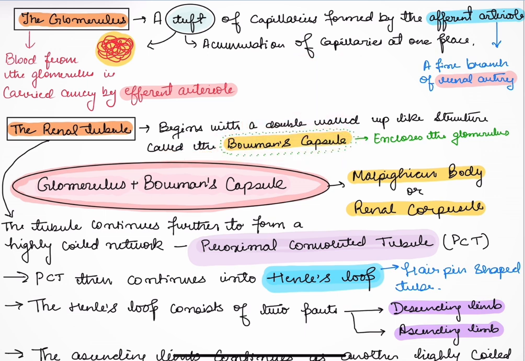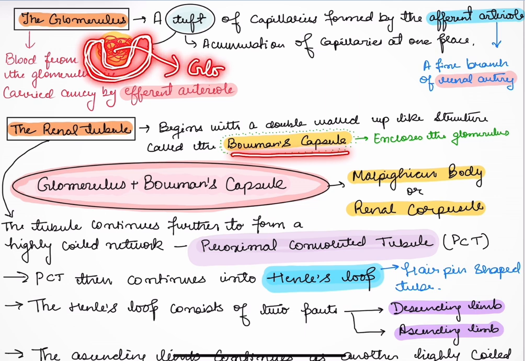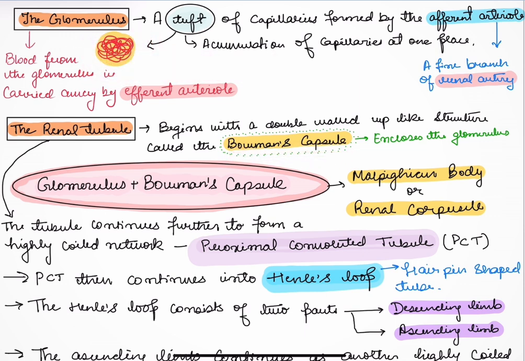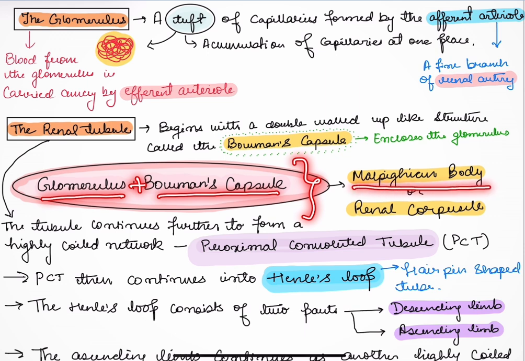And this glomerulus or this tuft-like structure is contained within the Bowman's capsule. It is like this. This is the Bowman's capsule enclosing the tuft or the glomerulus. So one thing that has to be kept in mind is that the glomerulus plus the Bowman's capsule together forms the Malpighian body or the renal corpuscle.